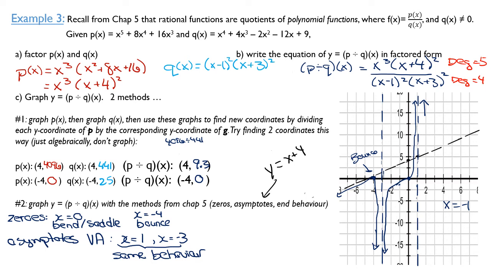So the last piece of my graph, you could sub in a value here like x equals 4 to get an idea of what's going on. Actually, we did 4 right here, sorry. We already found that, 4, 9.3. So 4, 9.3 is right about there, and negative 4 is 0, we already graphed that one.